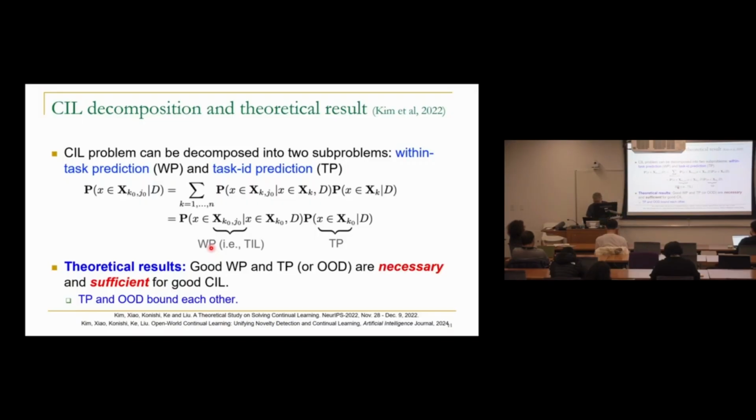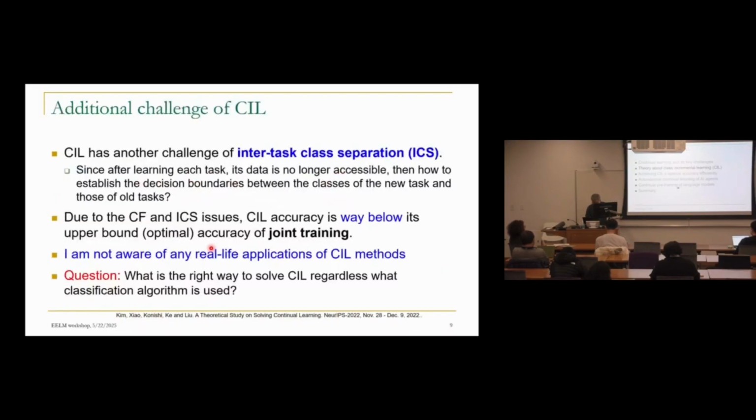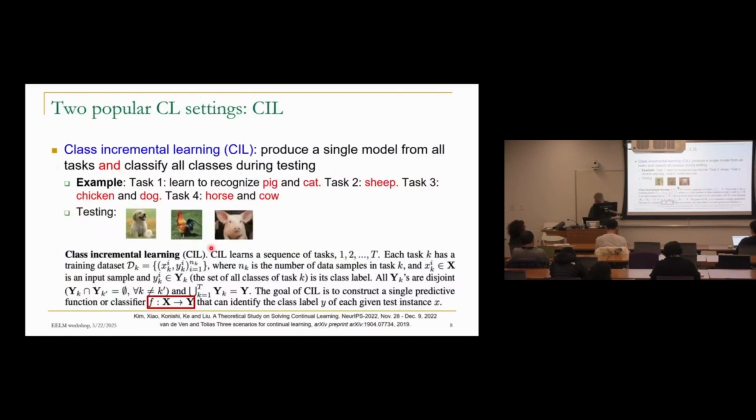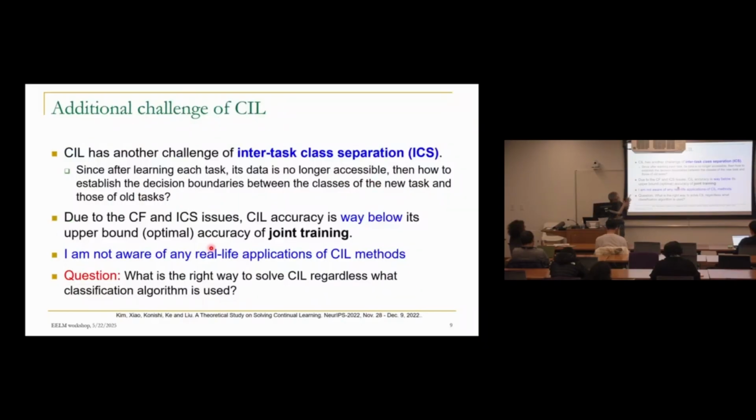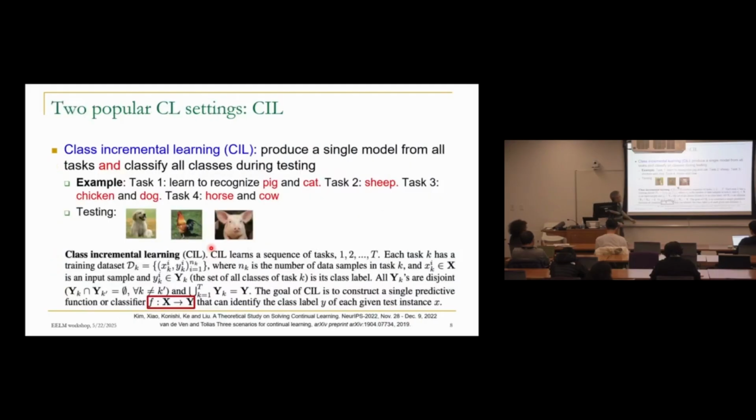Okay, so why is this the case? Just now I explained this particular thing called inter-task class separation. It just means when I'm learning the sheep, I don't see pig and cat at all.